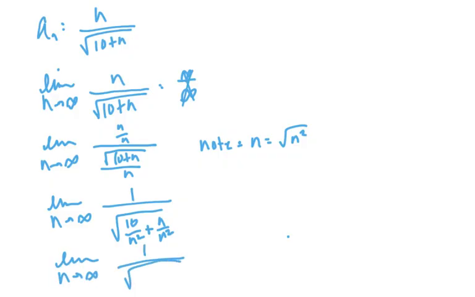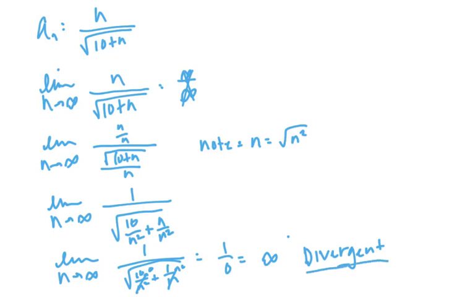We have 1, here we have 10 over n squared plus 1 over n. Now 1 over n approaches 0 and 10 over n squared approaches 0. So we technically have 1 over 0, and in the limit world that is infinity. So this is divergent. So it's divergent because our limit approaches infinity.